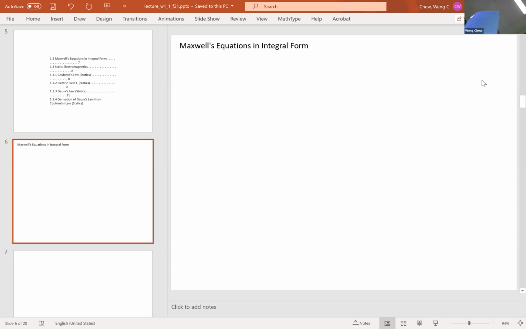Okay, so let's talk about Maxwell's equations in integral form, and that was what things were in the beginning. And let's talk about Faraday's law. I presume you have had this before coming to this course.